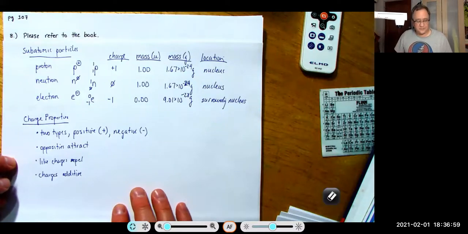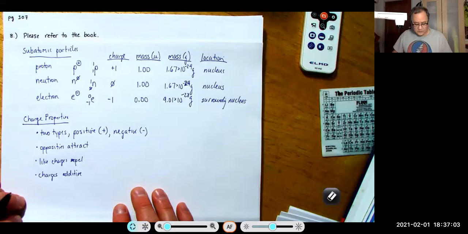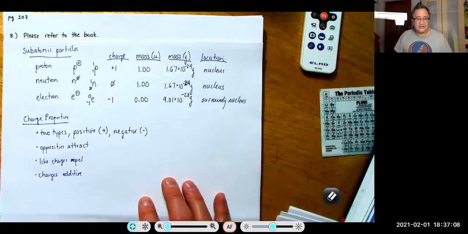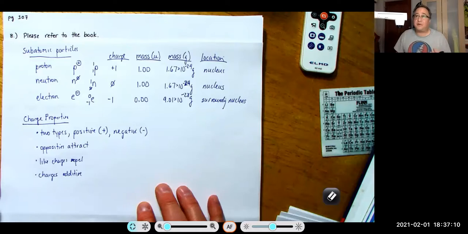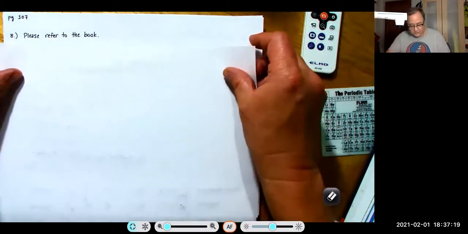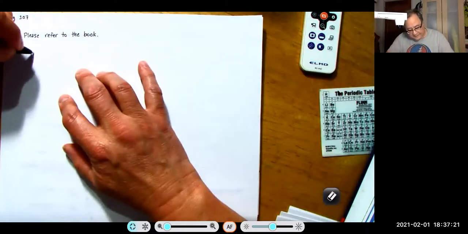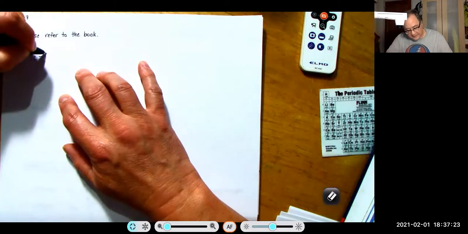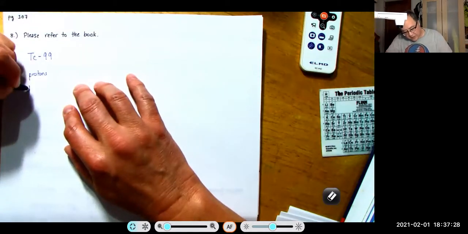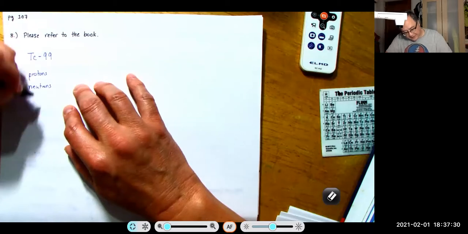Okay. So now we're ready to answer number 8, where we're supposed to take a look at technetium-99 and americium-241 and say how many protons, neutrons, and electrons. So we're going to look first at technetium-99, and we're going to do protons, neutrons, and electrons.